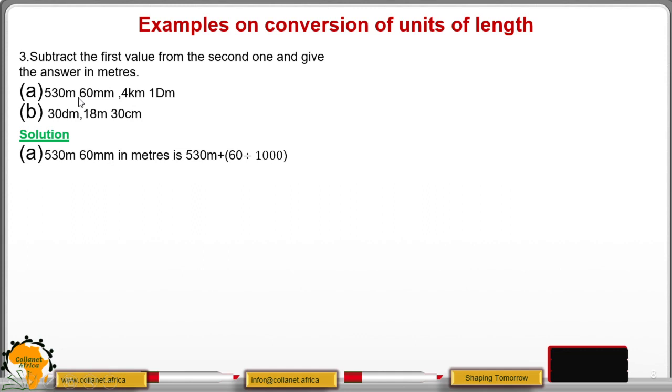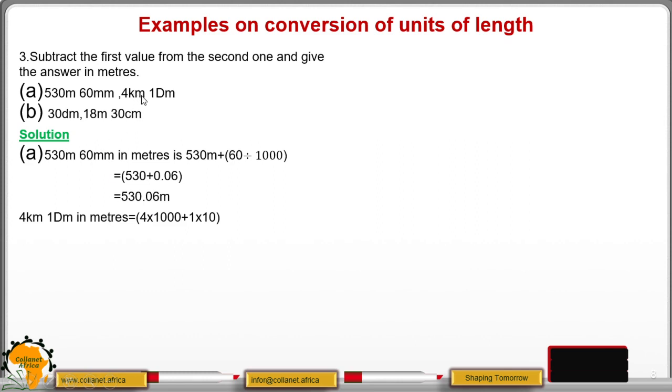So then now we have 530, then you add 60 millimeters. But this millimeter has to be converted into meters, and you do that by dividing by 1,000. So it will be 530 plus 60 over 1,000. You get 530 plus 0.06. You get that the value will be 530.06 meters.